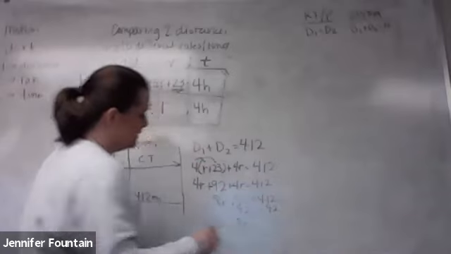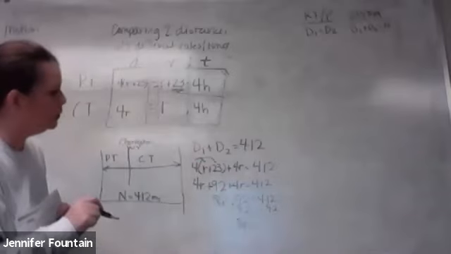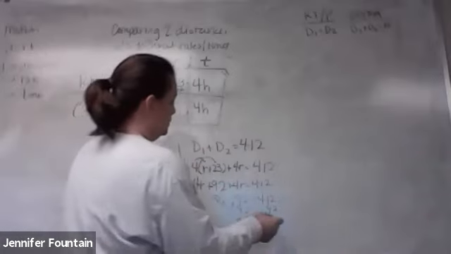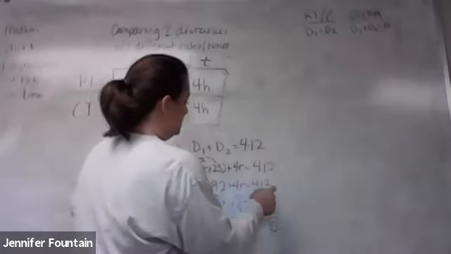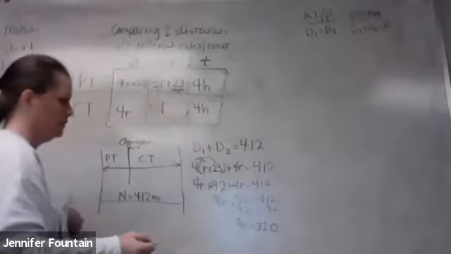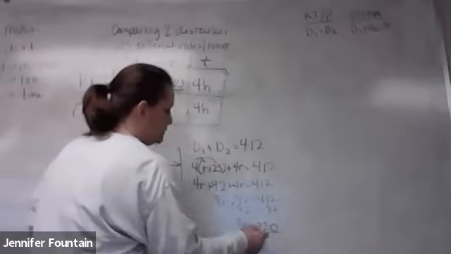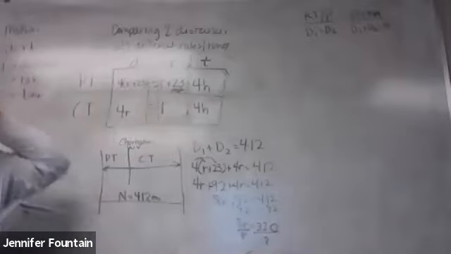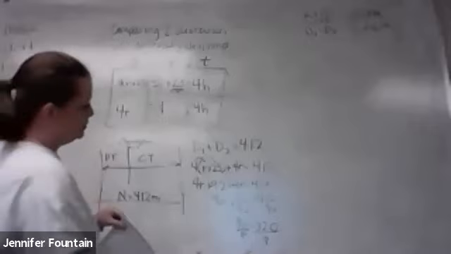8R is equal to... 2 minus 2 is 0. 11, that would be a 2. 320. Divide by 8. R is equal to 63?